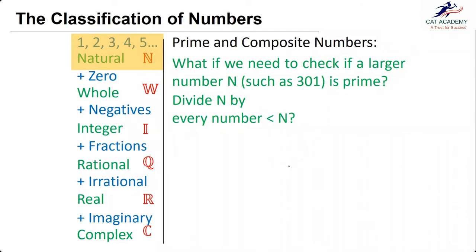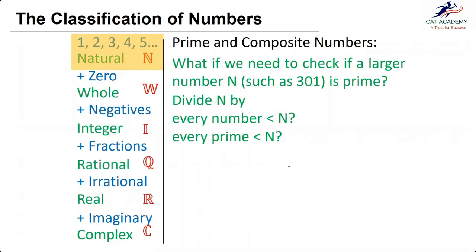Definitely no. Then all the prime numbers, 2, 3, 5, 7, 11, 13, 17, 19. But till what should I go? Up till 301. I don't know how many prime numbers are there above 100. How can I go up till 301?